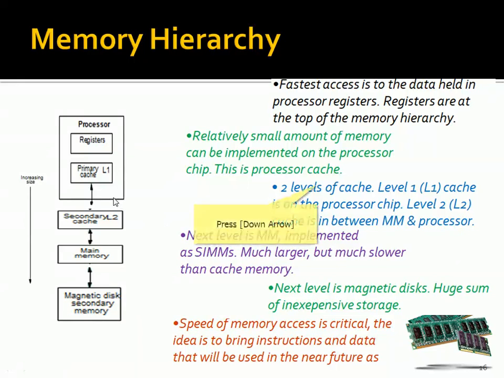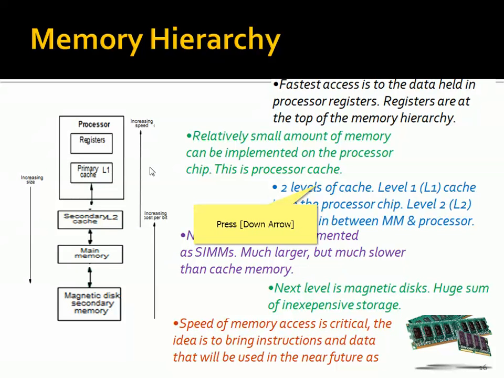So here the size increases from higher to lower. The speed increases from bottom to top, that is from secondary disk to processor register, and the cost also increases.